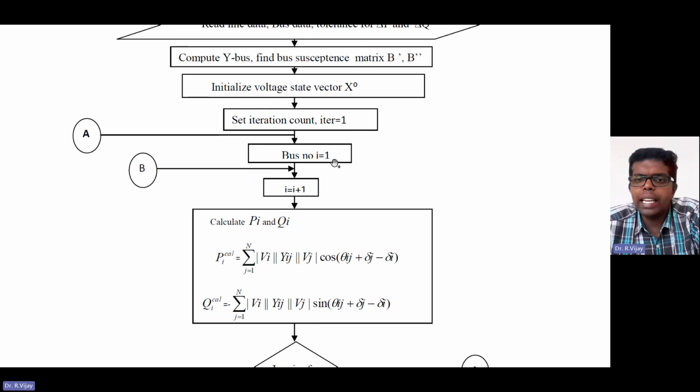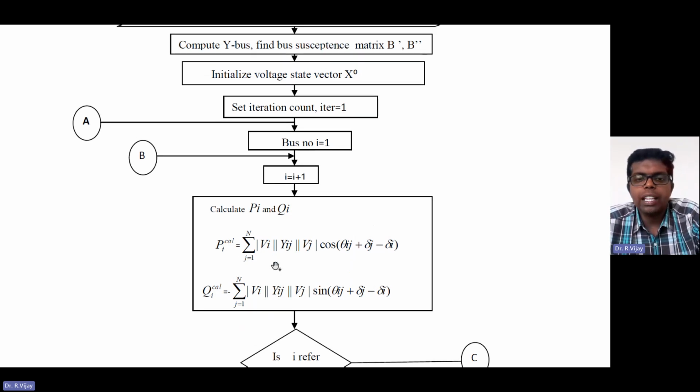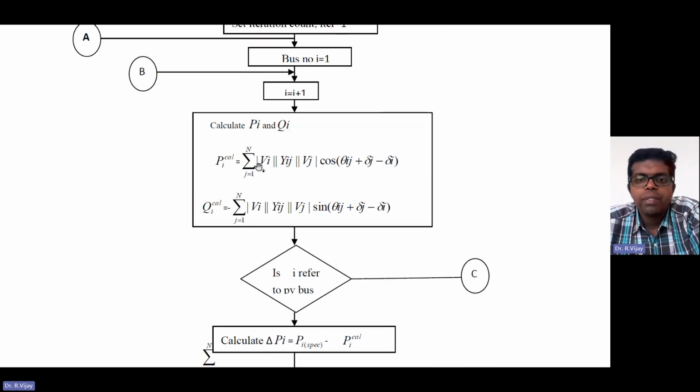Next, you need to select bus number 1. For the incremental bus, you need to calculate the Pi and Qi calculated values. The formula for Pi calculated is the summation j equal to 1 to N of Vi into Yij into Vj cosine of theta ij plus delta j minus delta i.